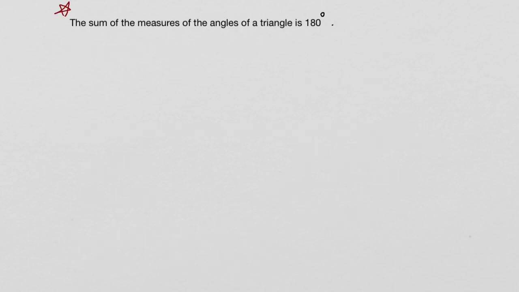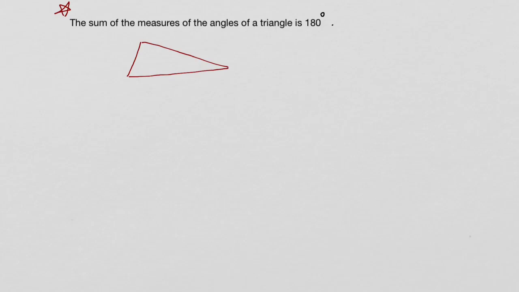Okay, there's a very, very important property about the sum of the measures of the angles of a triangle. You may already know this. If you were to add up the measures of the angles of any triangle, you will get 180 degrees. No matter how small or large the triangle is, that is true. So let's actually draw a triangle.